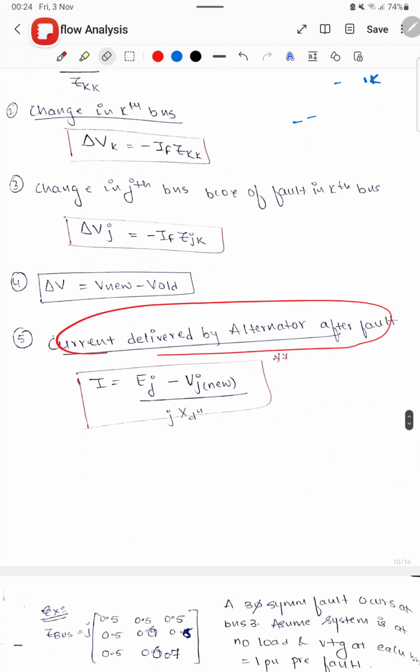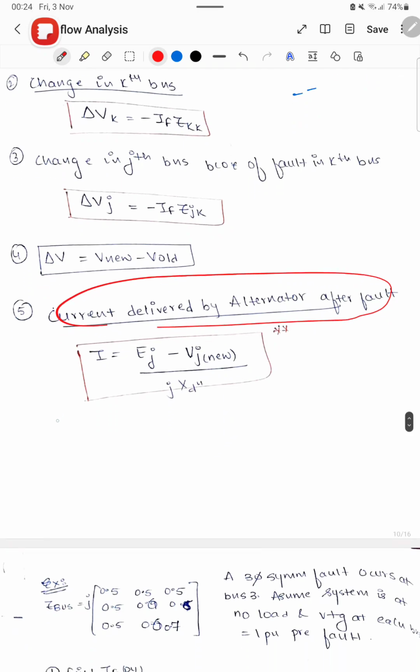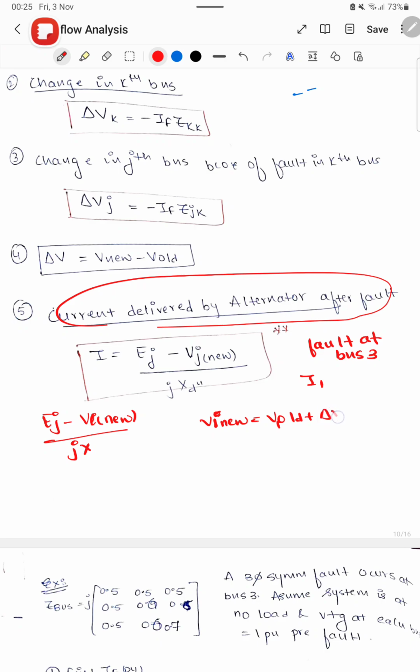Fine. So again we shall see this one thing particularly. Current delivered by alternator after a fault. So current is nothing but Ej minus Vi new upon jxd. Let's say the fault is at bus 3, and we are trying to find out I at bus 1. In that case, Ej minus V1 new upon jxd. V1 new is nothing but V1 old plus delta V1, and delta V1 is what?